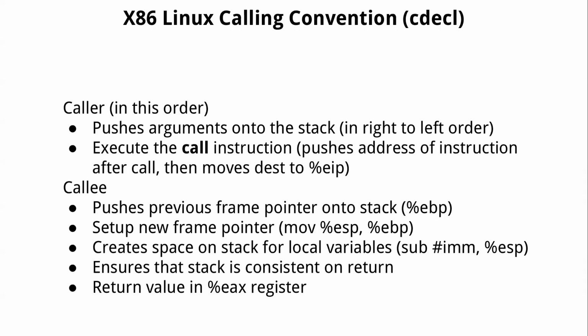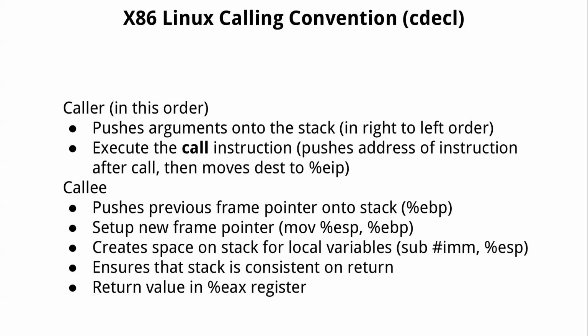Function g may run something here, it may run something after f, but eventually function g will call function f. So g is the caller, f is the callee. It's function g's job to push the parameters of this invocation of f to the stack.